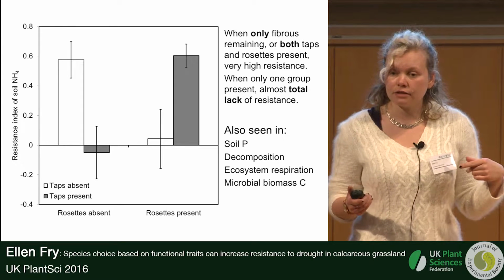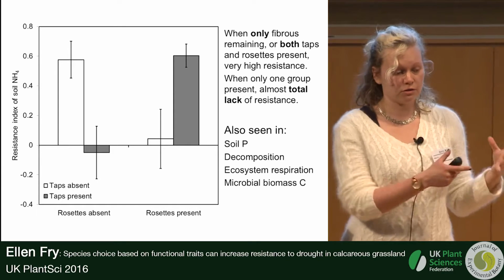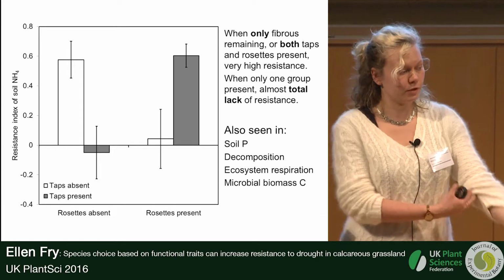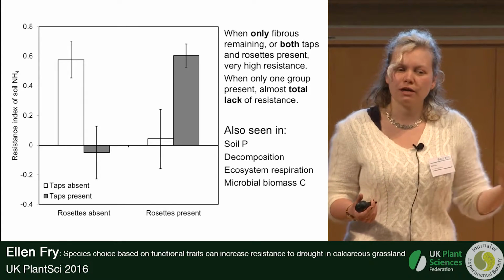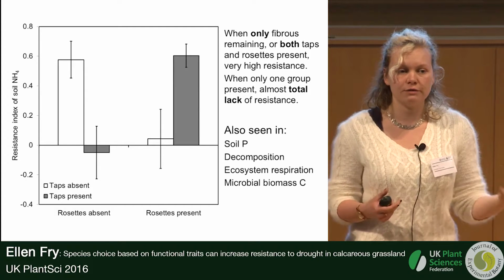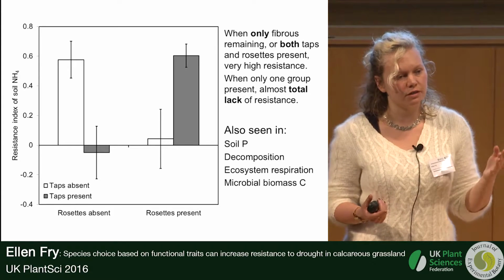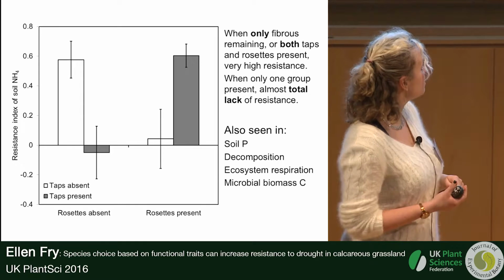And if you get negative values, it means that your drought or your stress has overshot the well-watered or the control. And that can happen if you get a microbial flush after you alleviate drought. And that's quite a common effect. So you'll suddenly get a huge spike in respiration, mineralization, and soil nitrogen and so on.